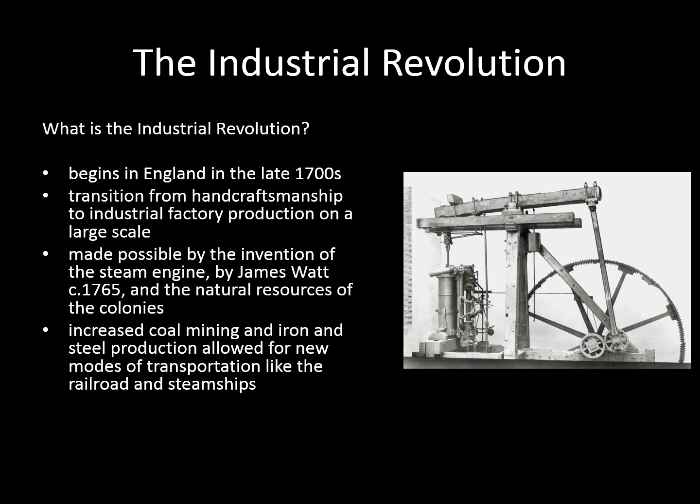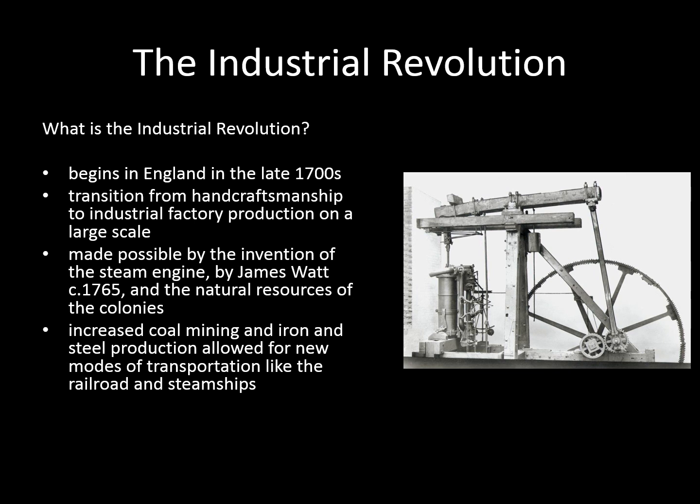And it's also made possible by the natural resources that are coming from these colonies. So especially in India and Africa and other areas, the natural resources from those colonies are coming to England and really helping to fuel this capitalist industrialism.